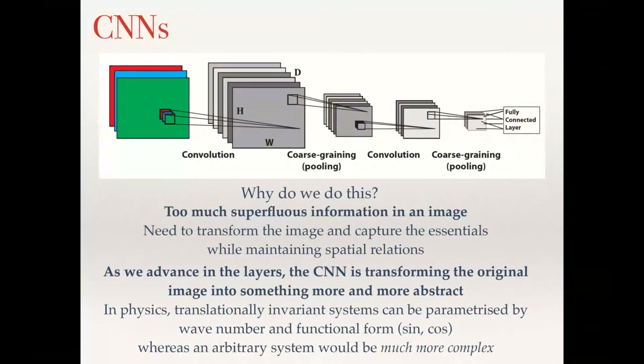It goes from an image with all this noise and superfluous details into something more and more abstract. So that's the main idea of convolutional neural networks. It's a smart way of dealing with systems where the relevant information is mostly captured by some symmetries or some local properties.